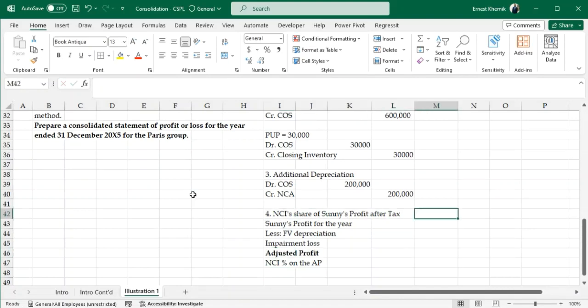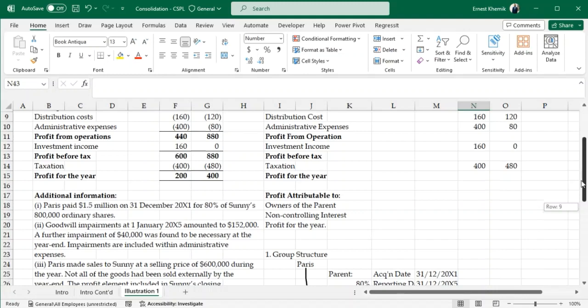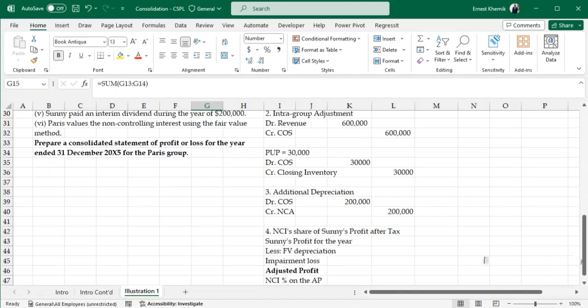So quickly we come here. What is the subsidiary's profit for the year? Let's go to the separate financial statements and look for the subsidiary's profit for the year, and that is $400. Remember, these are in thousands of dollars, so quickly let me put my dollar sign here with my level of abbreviation.